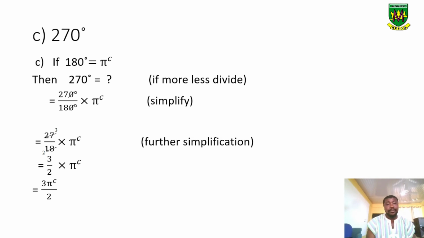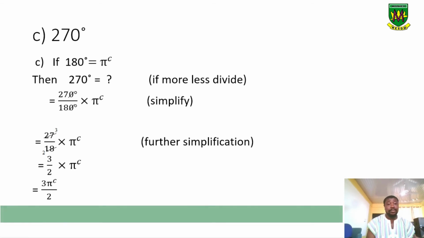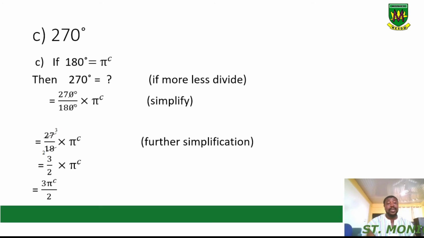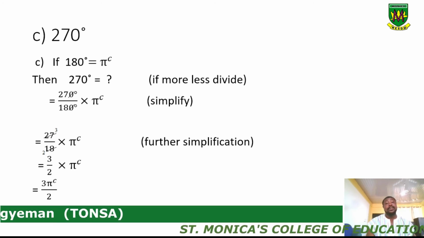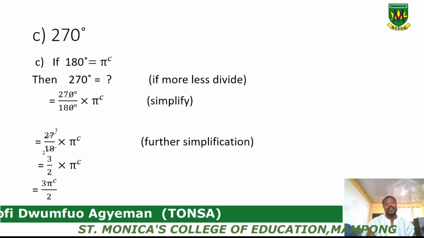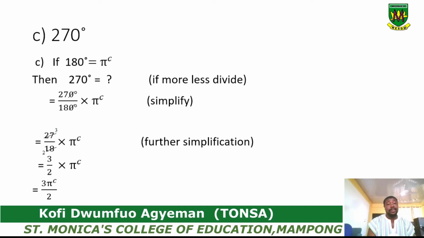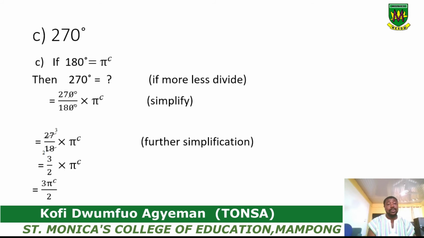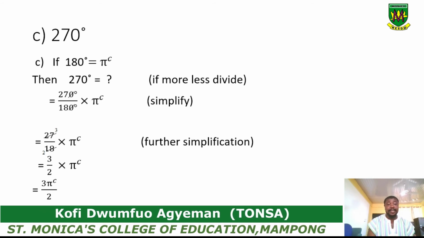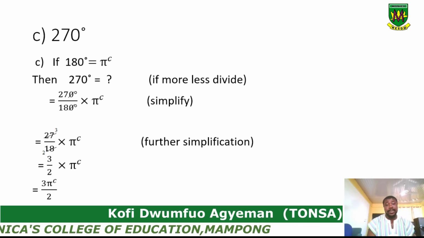Now, the zeros will go into each other, or we can say 10 will go into it, 27, and into it, 18. Now this reduces it to 27 over 18 times pi radians.